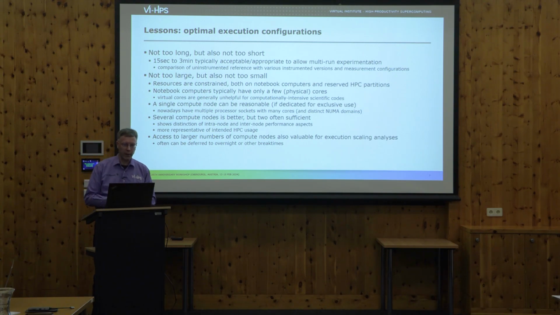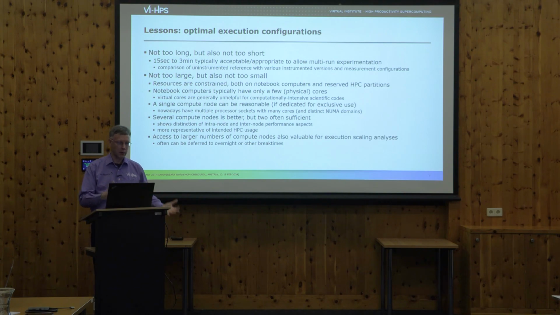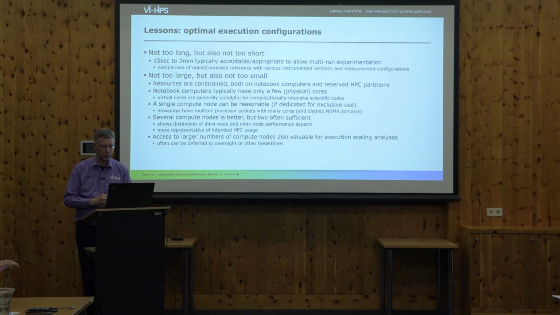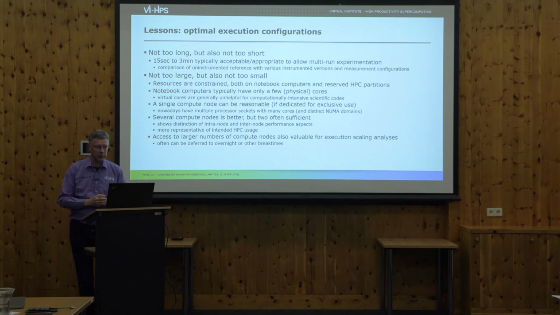Typically, we would look for something that is beyond a notebook computer, because there you're really constrained in what you can run. They only have a few physical cores, and if you go into virtual cores, you have all sorts of other performance artifacts coming up that typically don't apply on real HPC computer systems. A single node can be fine if you have dedicated access to it.